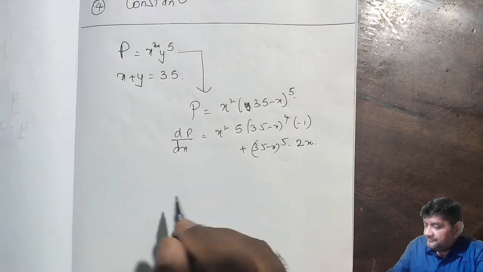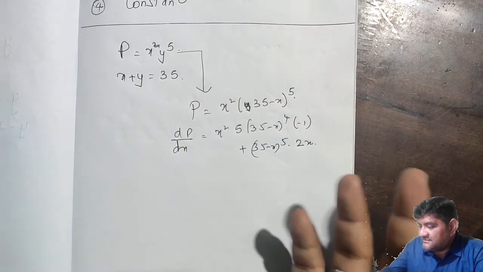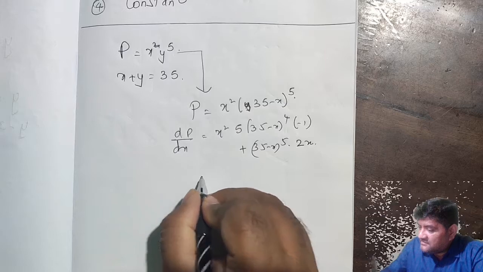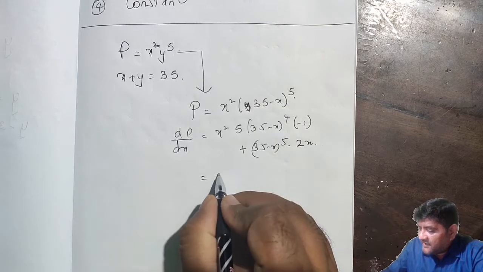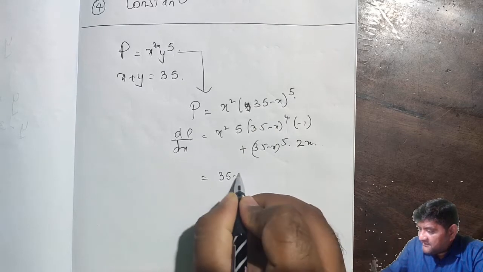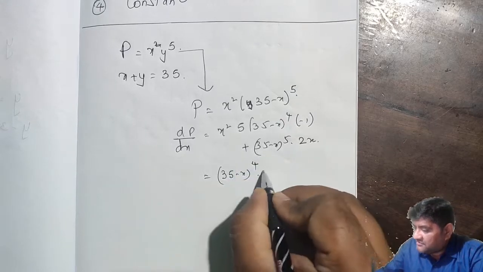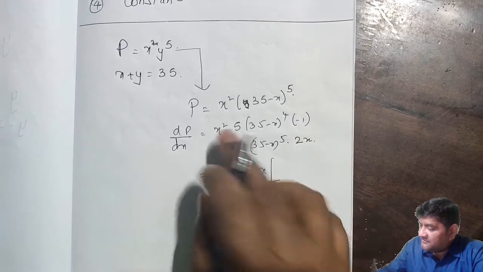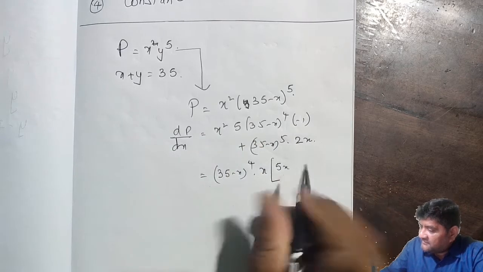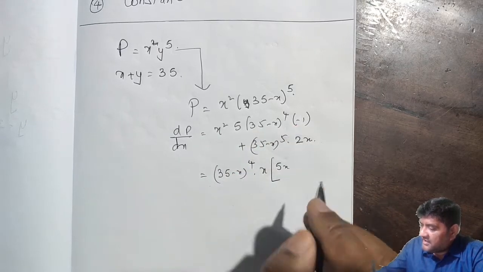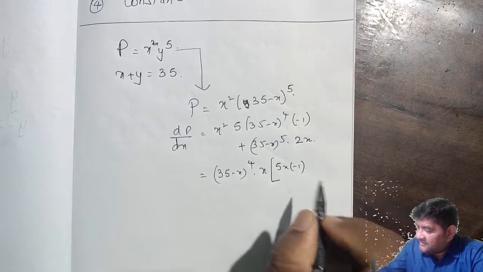Now what do you do? Equate this to 0. If you want to factorize this, well and good. Go ahead and factorize it. So I can take a 35 minus x to the power of 4 common out. And then I can take an x common out. So what do I remain with? 5x. This is common out. And then there's a negative. So keep the negative.